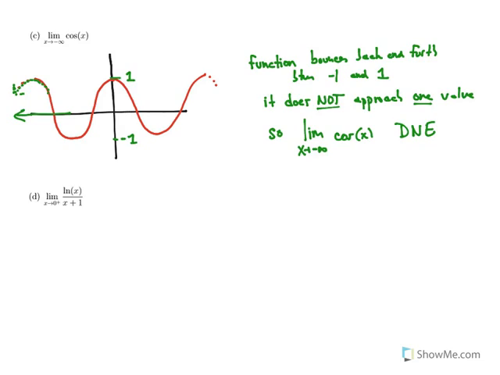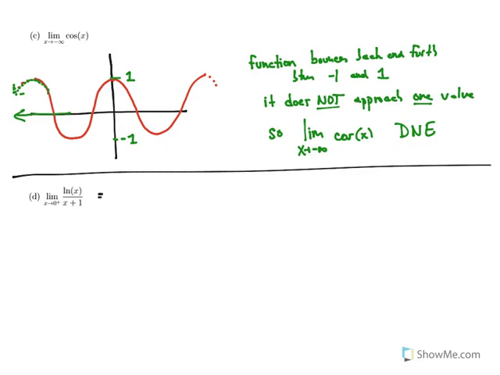All right, and lastly, we have the limit as x approaches 0 from the positive direction of natural log of x over x plus 1. And here's a good example of, we know what natural log looks like, we know what x plus 1 looks like, but I have no idea what natural log of x over x plus 1 looks like.